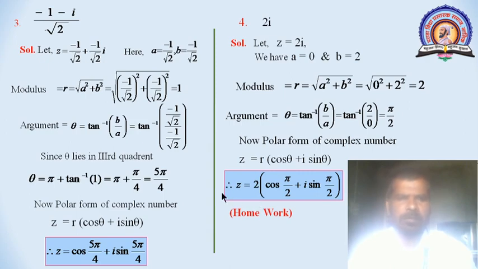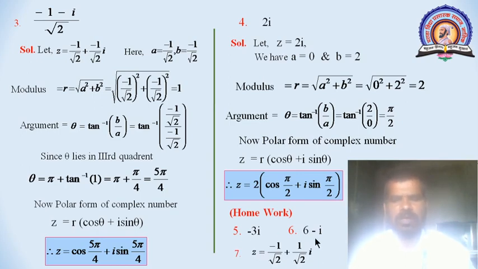Now, by using the same procedure, you can find the modulus and argument and express it in the polar form of the given complex numbers: minus 3i, also 6 minus i, and the next example is z is equal to minus 1 upon root 2 plus 1 upon root 2 i.